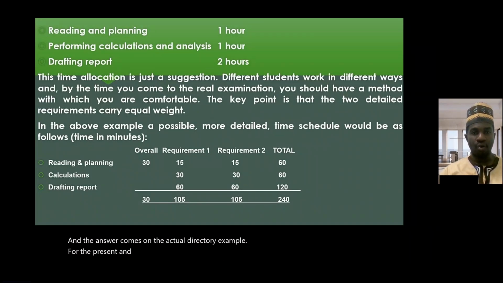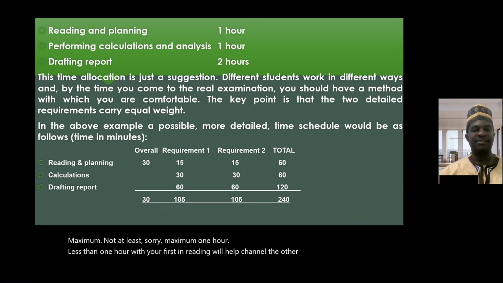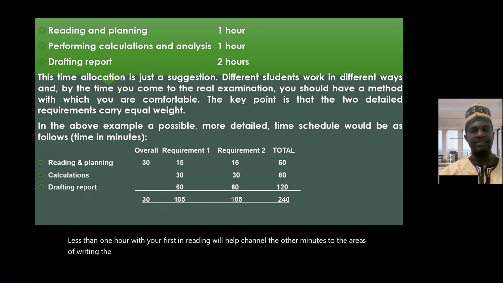The requirement also comes on the day of the exam. So you're to skim through the reading of that somewhat lengthy document for a maximum of 1 hour. Less than 1 hour, if you're fast in reading, will help channel the other minutes to writing the report, which is very important.